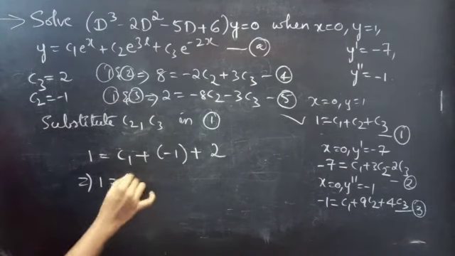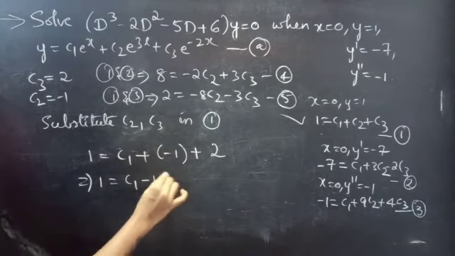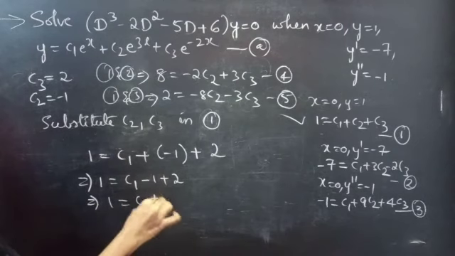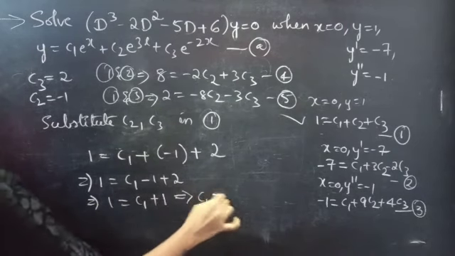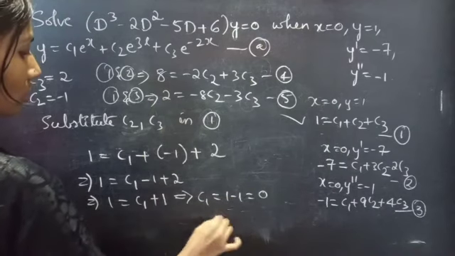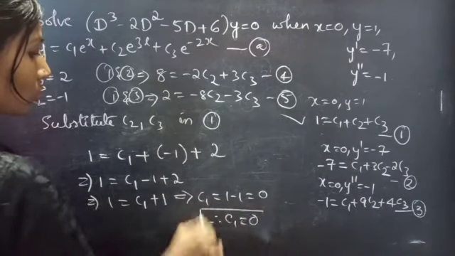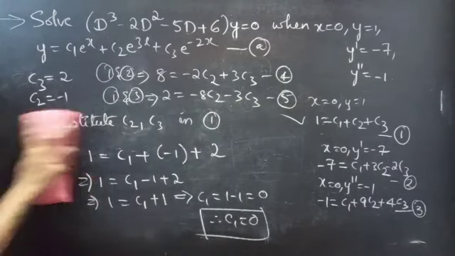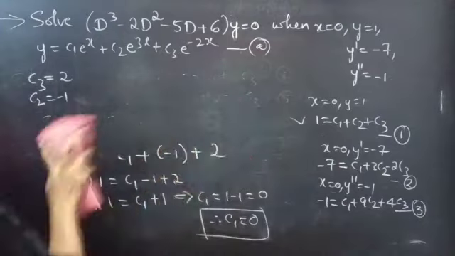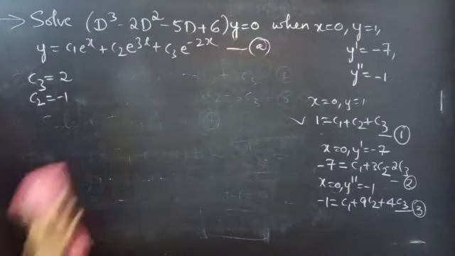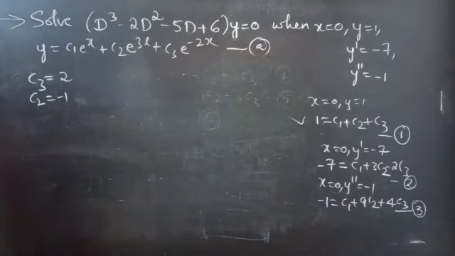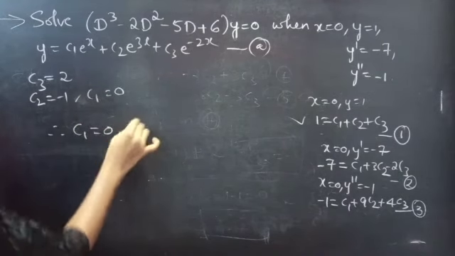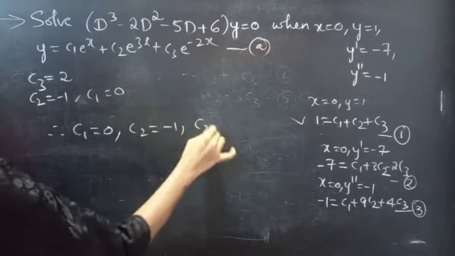You'll get 1 equals c1 minus 1 plus 2. 1 equals c1 minus 1 plus 2 is plus 1. Then c1 equals 1 minus 1, which equals 0. Therefore, c1 equals 0. We got all the three values. Therefore, c1 equals 0, c2 equals minus 1 and c3 equals 2.